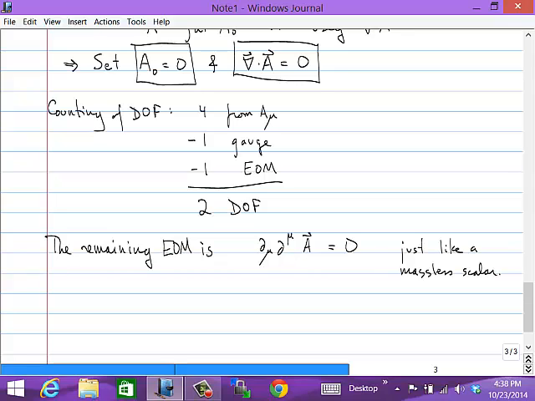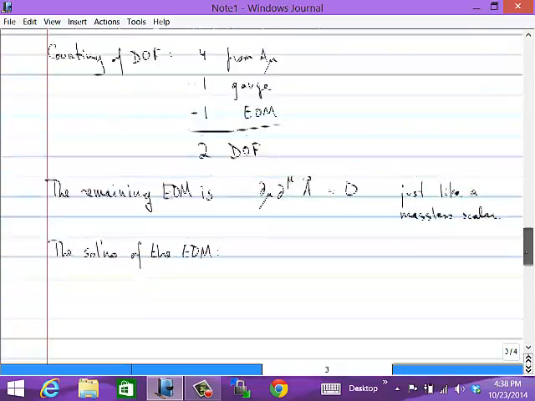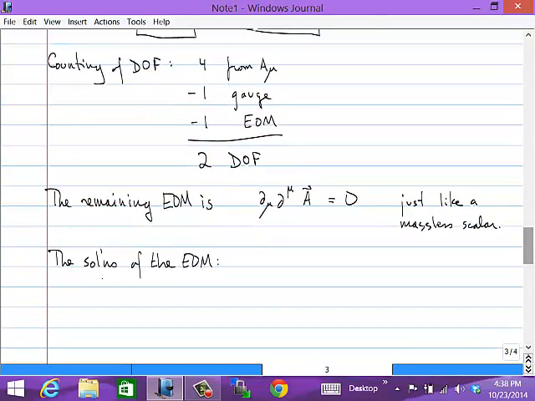Okay, so that means that it's almost trivial to write down the solutions to the equations of motion of the theory. In particular, a general solution to the equation of motion is going to be a plane wave.